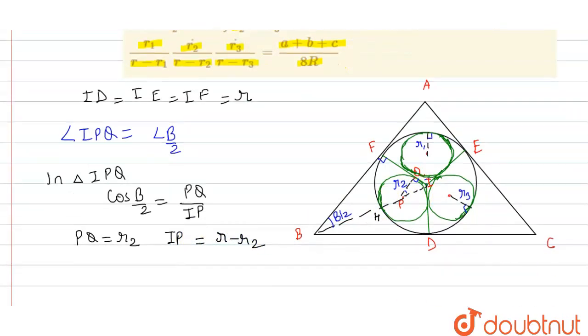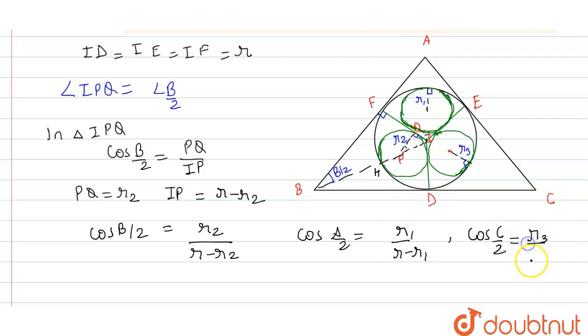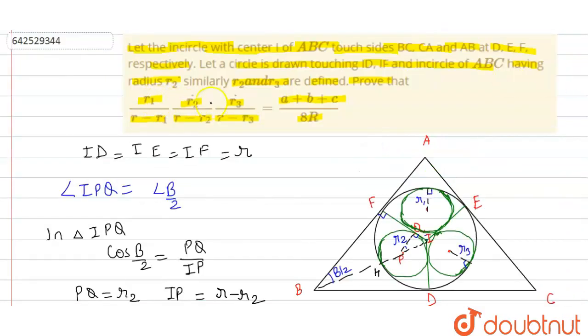Put these values in. Cos b by 2 will be equal to R2 upon R minus R2. Similarly, cos a by 2 will be equal to R1 upon R minus R1, and cos c by 2 will be equal to R3 upon R minus R3. Why are we doing this? Because this is the question's requirement: we need to multiply these three terms.